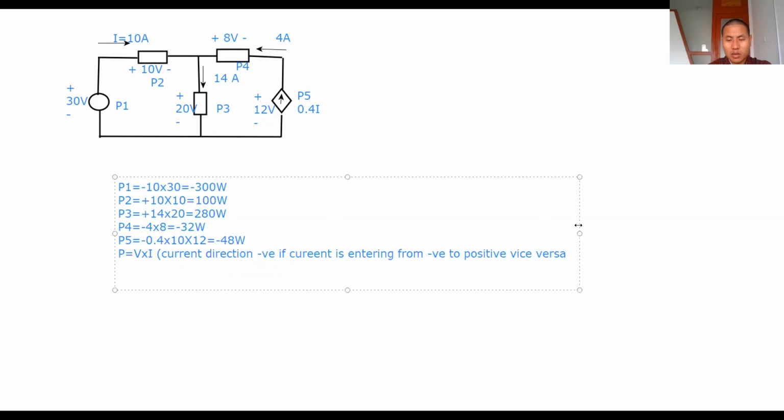I think this way is better. I'm using this formula to calculate the power in each branch.